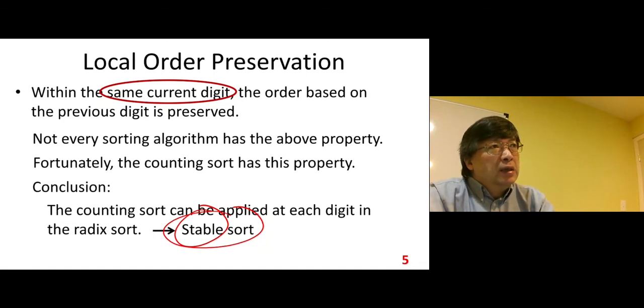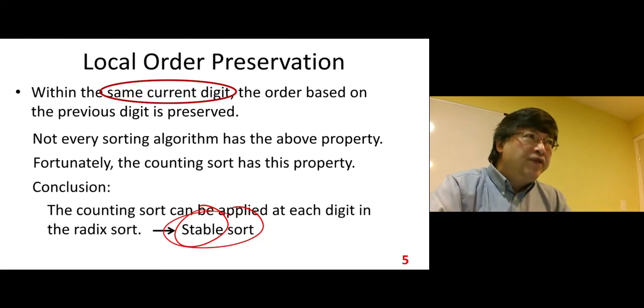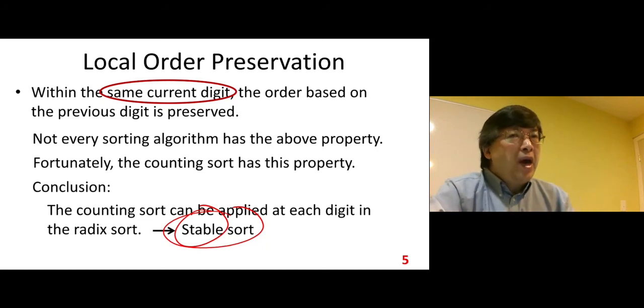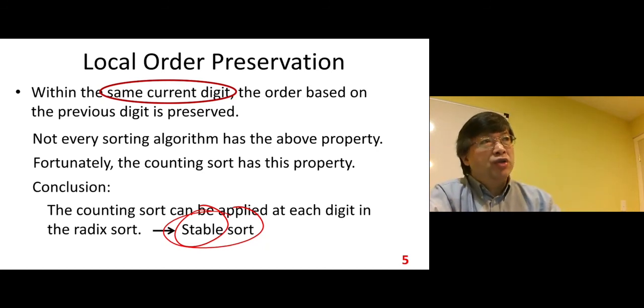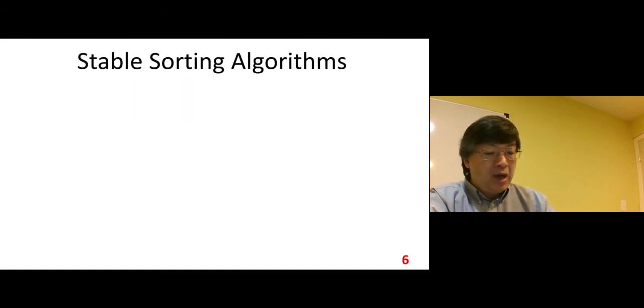That's why I asked you the question about the quicksort. But many of you may not have a strong impression on this concept, so let me explain it another time.